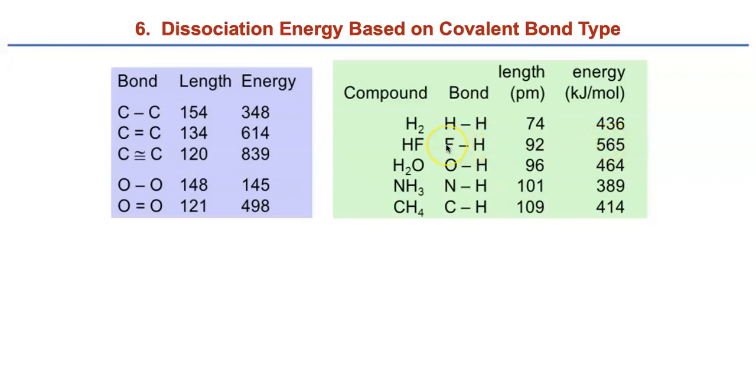This is what I meant by highly electronegative elements bonding with you creating a higher dissociation energy. And here's the H-O bond for water, the N-H bond for ammonia, and methane gas, CH4. The C-H bond is not very electronegative, as you can see, and the bond energy is much less.